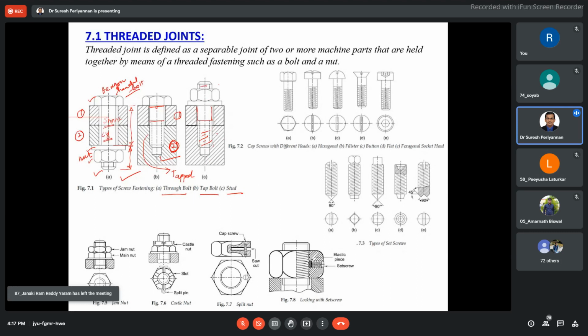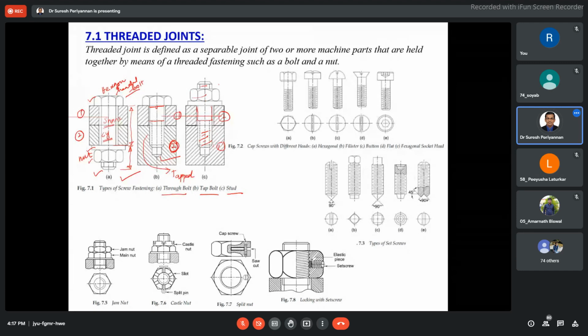Then another component is placed on the first component. Then the nut is used on the top of the stud. The main difference of the stud is that both sides are threaded, and the nut is used on one side of the stud.